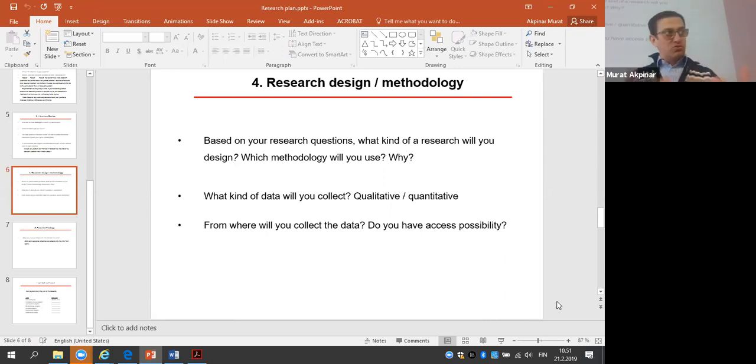That's why we want to already start thinking about how you can access what kind of data already from the beginning, that we don't encounter any unfortunate situations. It's always good to have some options in mind. You may say that, oh, there's an excellent company I want to do my thesis about, but what if they say, no, sorry, we don't have time for you to do your thesis? You need to have some options, alternatives.